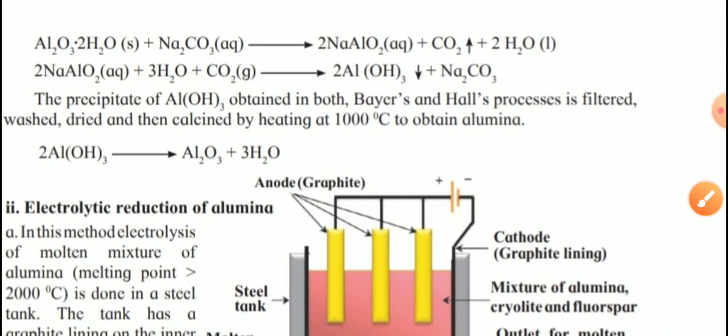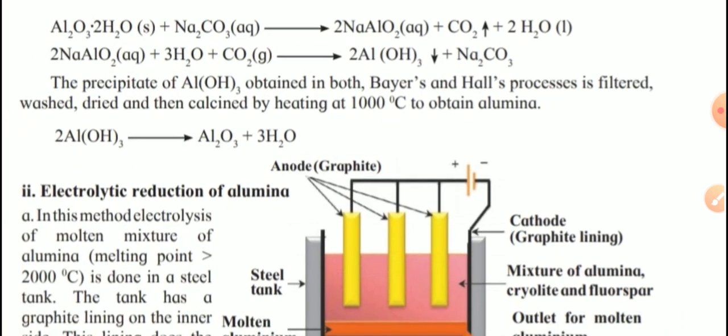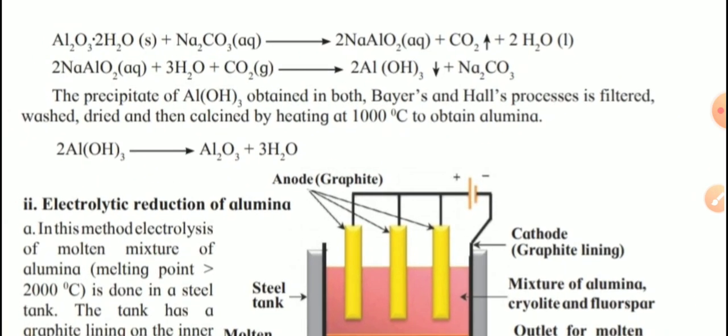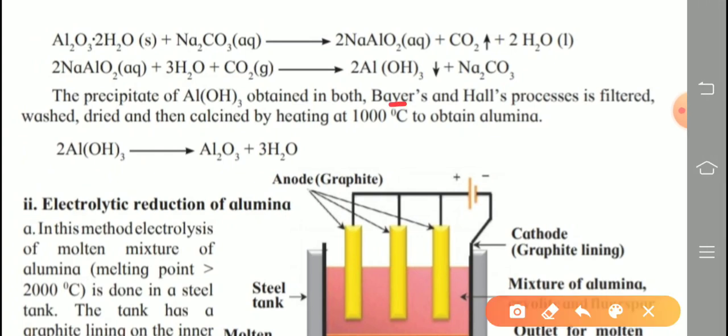Next, the precipitate of aluminium hydroxide, Al(OH)3, obtained in both processes, Bayer's as well as Hall's, is filtered. Clear, all of you?